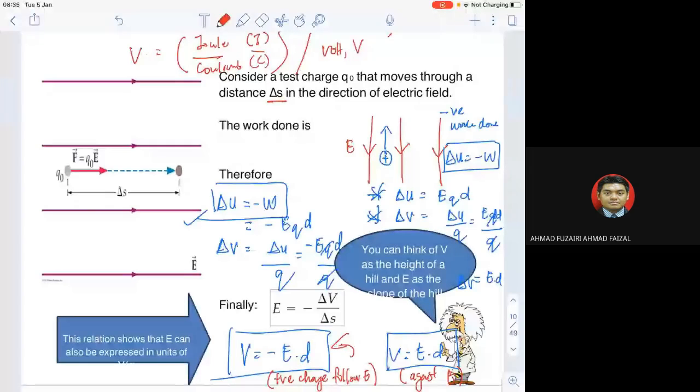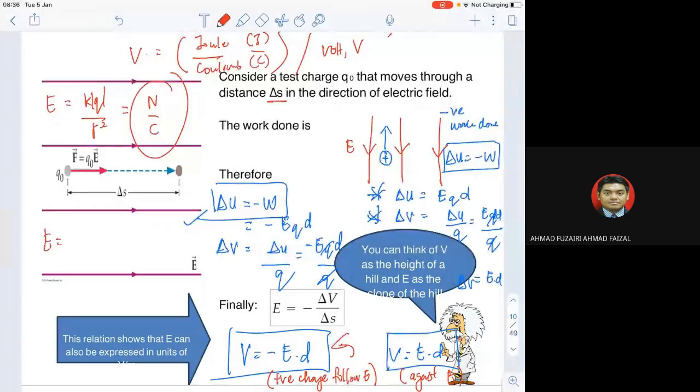How about E? Based on both equations, before this we learned about kq over r squared, where we get newton per coulomb for the units. And right now we can also obtain E using electric potential.